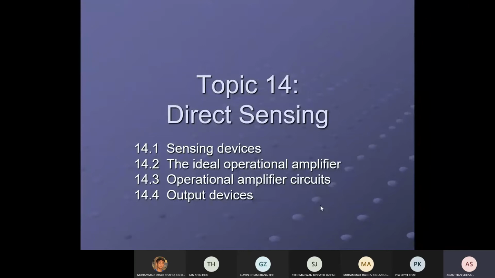First, we're going to talk about the electronic sensing device. Then we're going to talk about what is meant by an amplifier, operational amplifier, operational amplifier circuits, and finally the output.